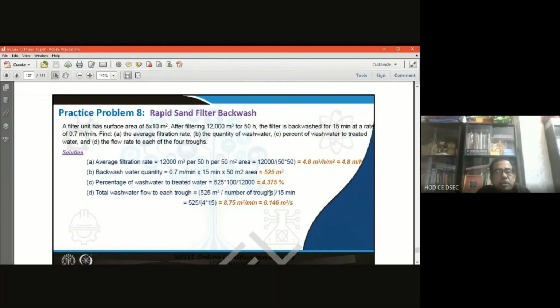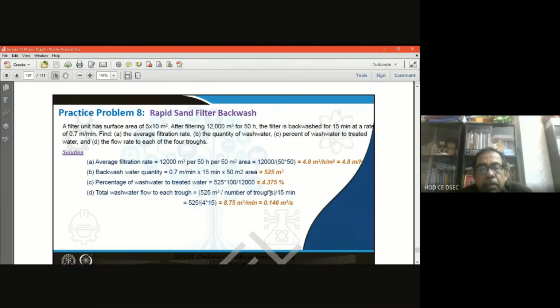Last part of the question, that is the flow rate to each of the troughs. In the very beginning I showed you the schematic diagram, that there are the troughs. During the backwash, the troughs at the top portion of the filter, the backwash water flows to the troughs, and this backwash water quantity is 525 cubic meter.